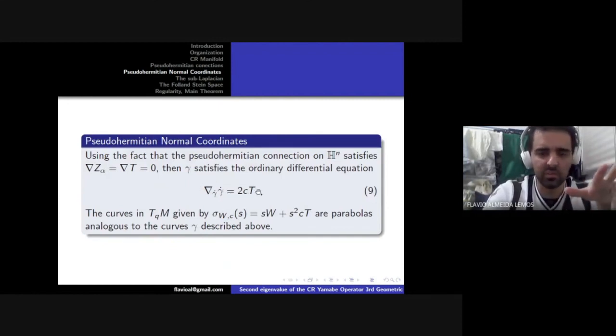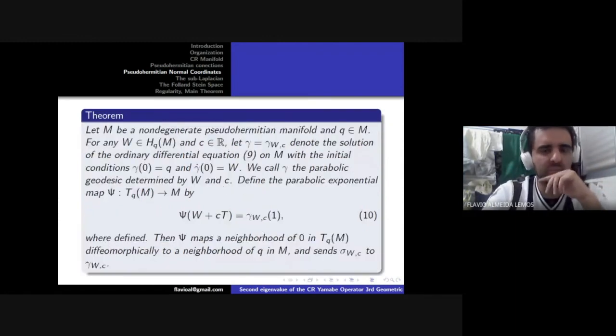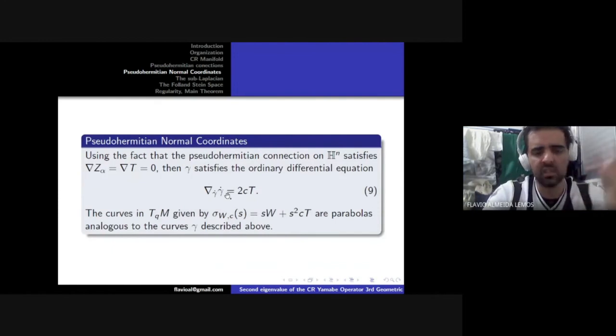It's not zero; we have torsion here. We have this characteristic direction. It's true: this is the solution to this equation in general CR geometry.